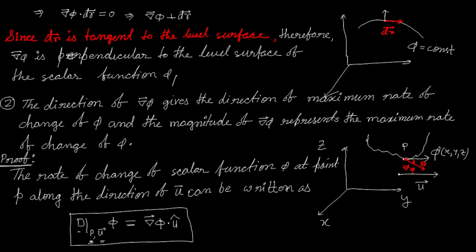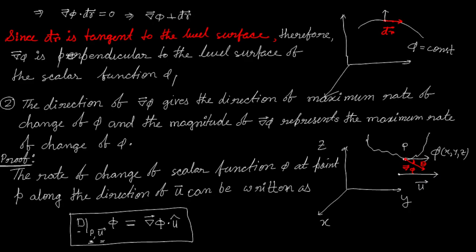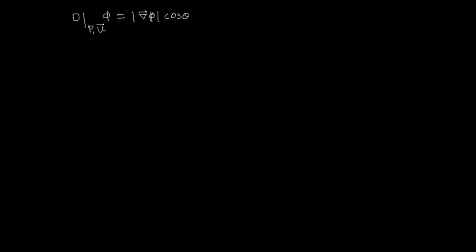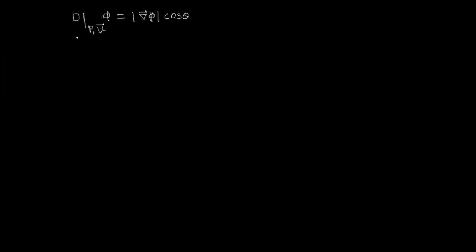So we can consider this direction of u as any arbitrary direction. Here the direction of this vector u is variable. We can go in any direction from this point. Then we can consider one particular direction: if we consider the direction of u along the direction of grad phi, then only this rate of change will be maximum.